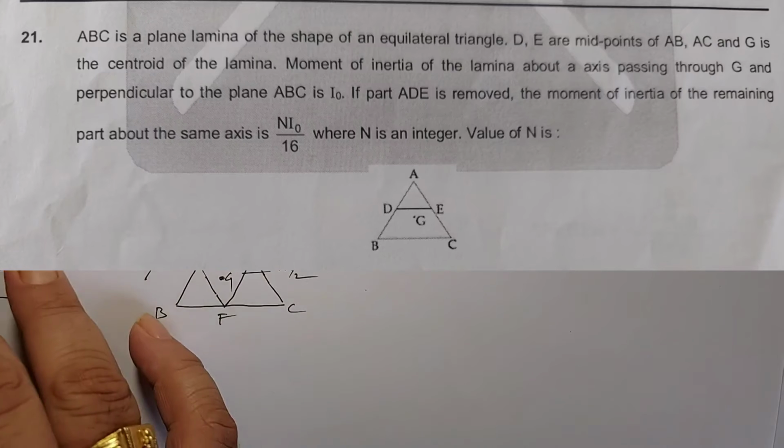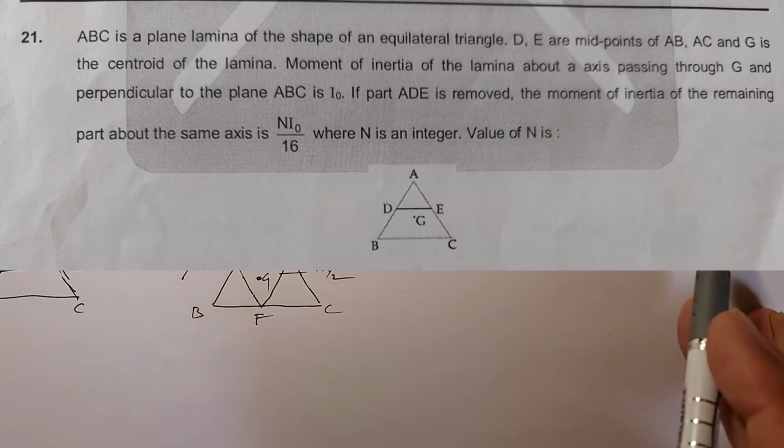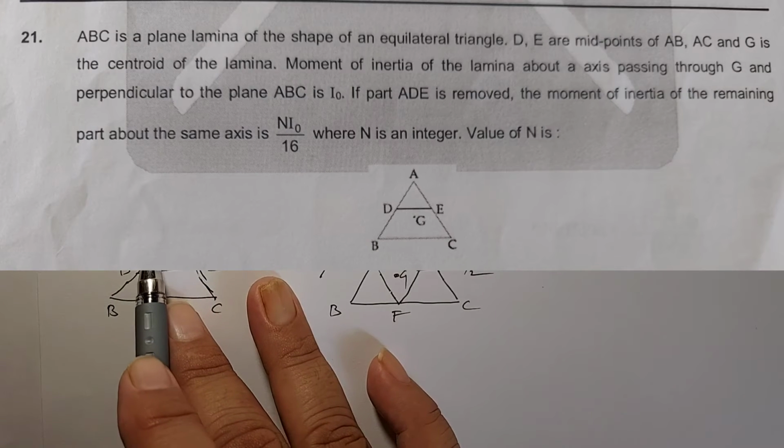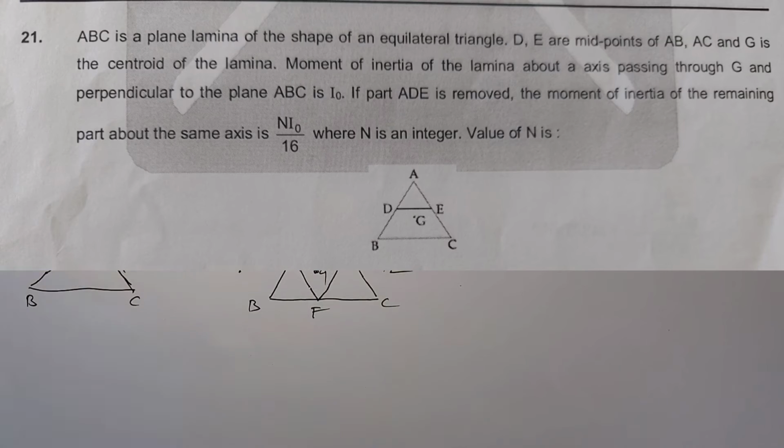If part ADE is removed, the moment of inertia of the remaining part about the same axis is n I naught by 16, where n is an integer. Then what is the value of n, he asks.